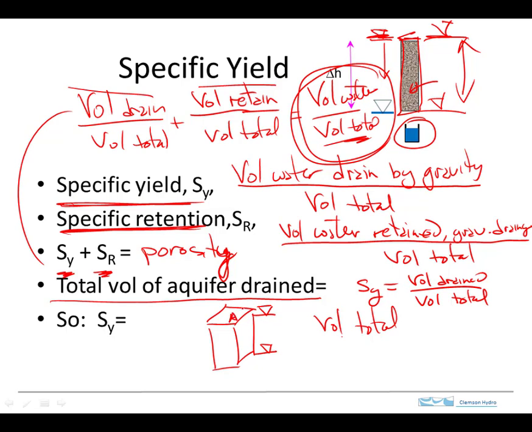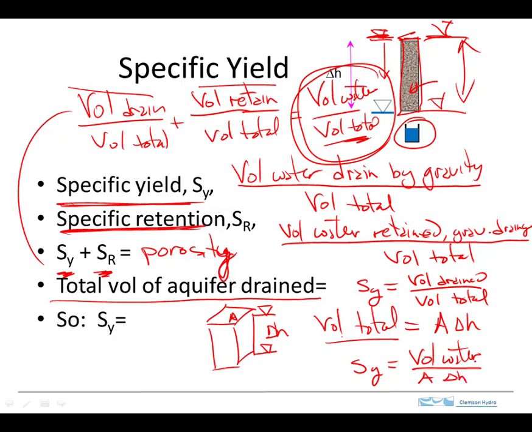This is a unit of area. So the volume total equals area times the change in head. So for a drop in the water table, the total volume of the region that has been drained is area times delta H. So specific yield is equal to the volume of water drained per area of the aquifer per drop in the water table.